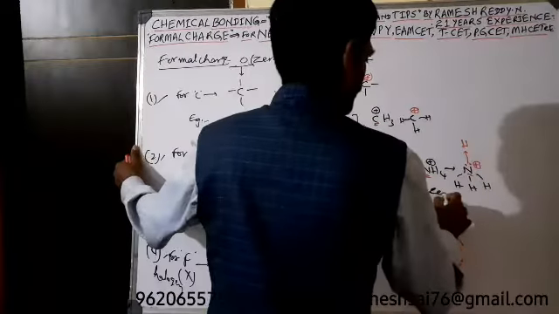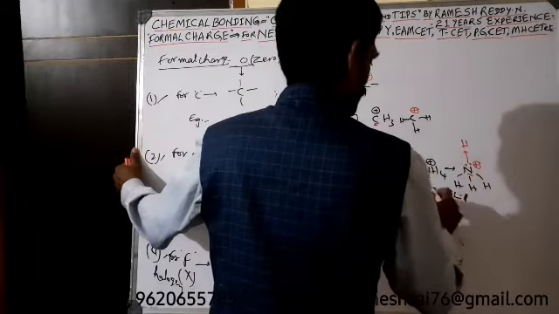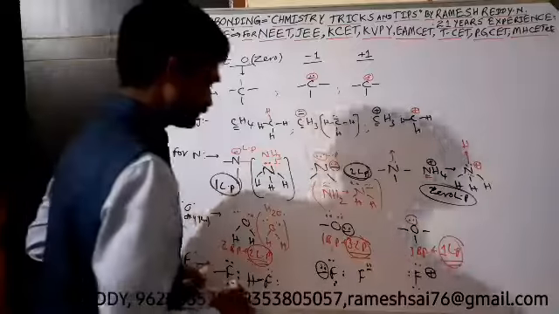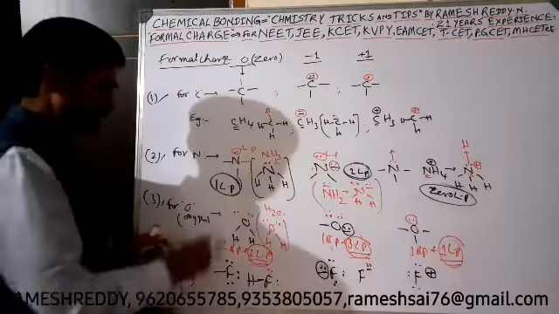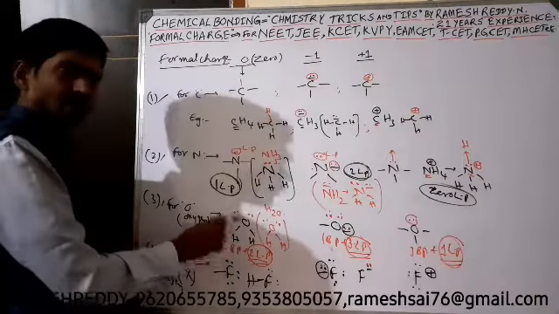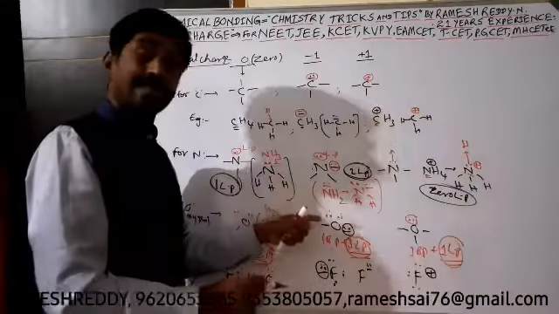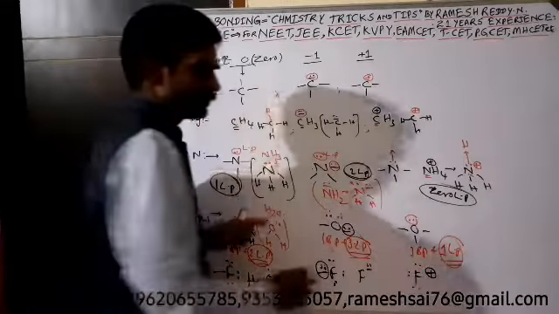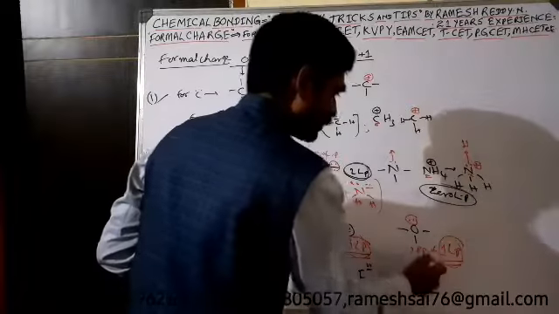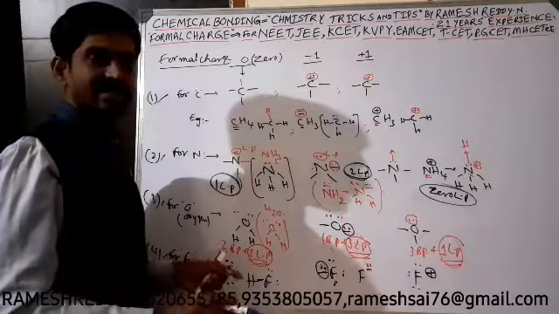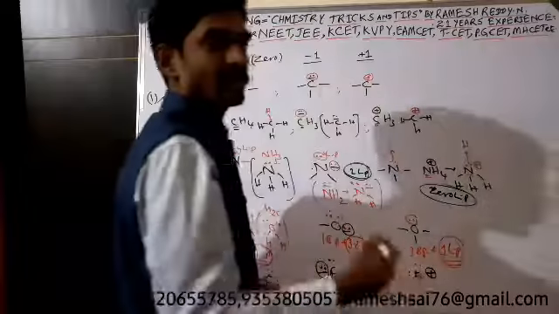If lone pairs are not there, then formal charge is +1. Got it. Oxygen, 2 lone pairs, 2 bond pairs, 0. 1 bond pair, 3 lone pairs, -1. 3 bond pairs, 1 lone pair, +1. Like that here also fluorine. Is it clear? We do some examples to get it.